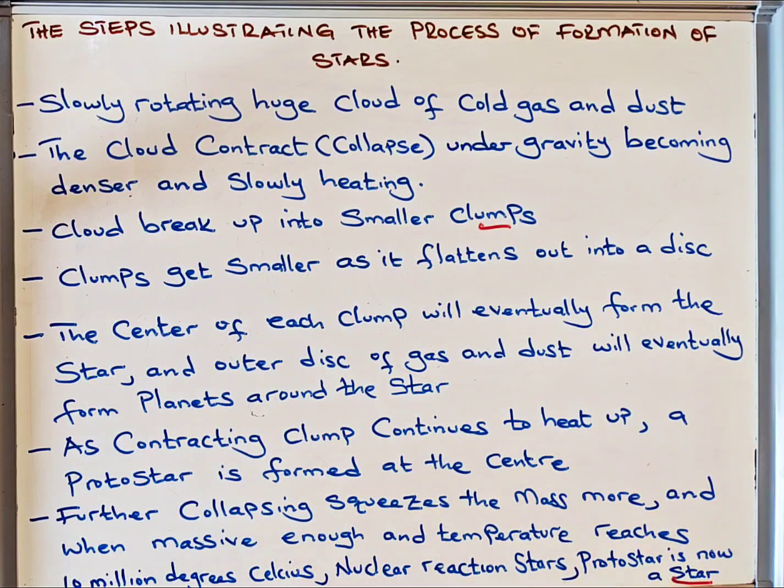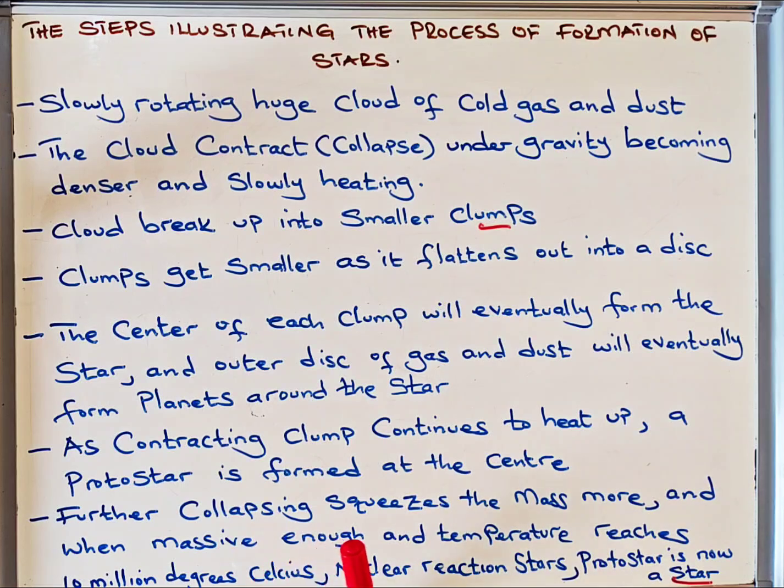Those are the processes. Once the mass is squeezed enough and the heat has been generated to such an extent that the temperature is 10 million degrees Celsius, a nuclear reaction starts.